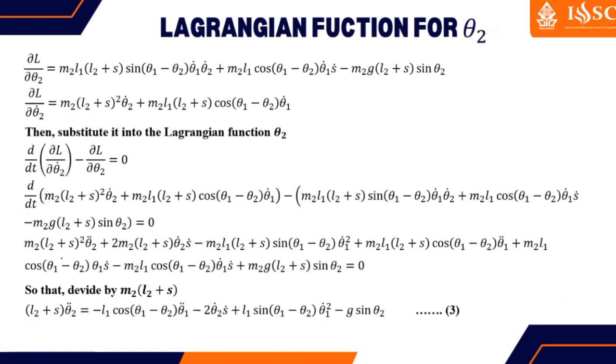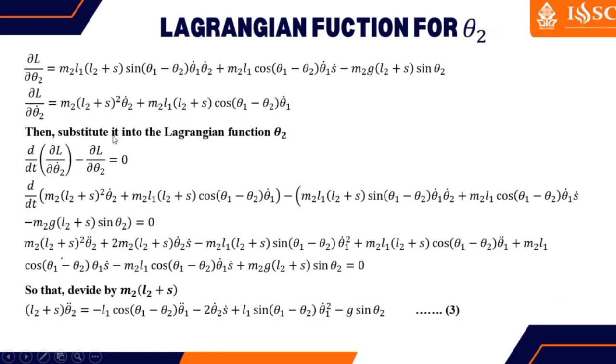Third, applying the Lagrangian function to angle theta 2. Differentiate L with respect to theta 2 to obtain one equation, and differentiate L with respect to theta 2 dot for the next.